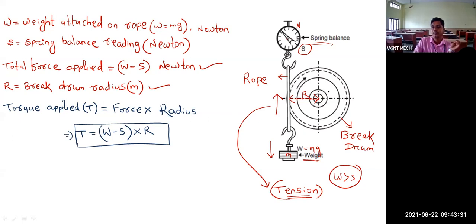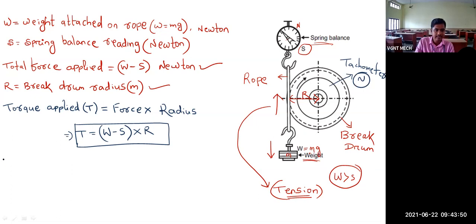Now this brake drum will rotate in this direction because it is attached to the engine cylinder. With the help of a tachometer, we can measure the speed of the engine.